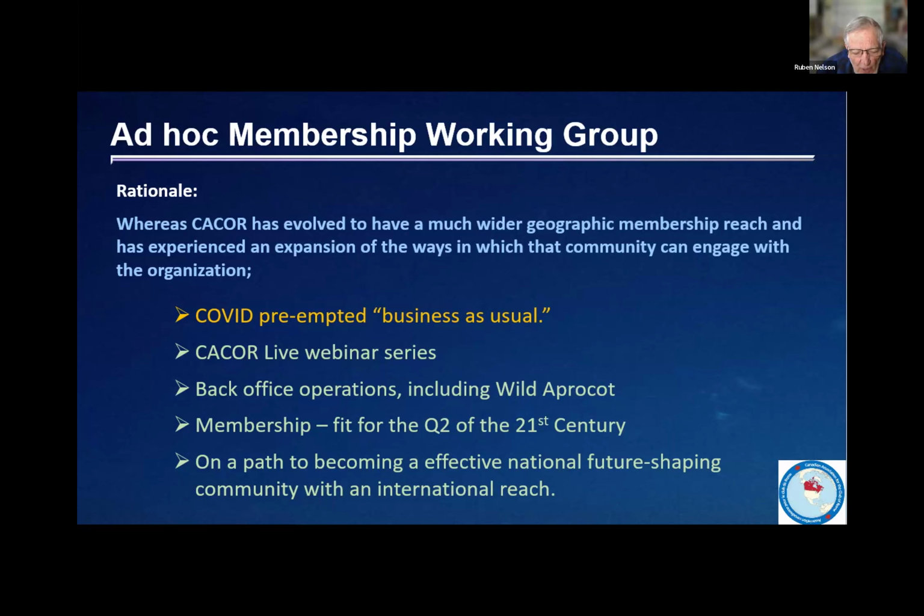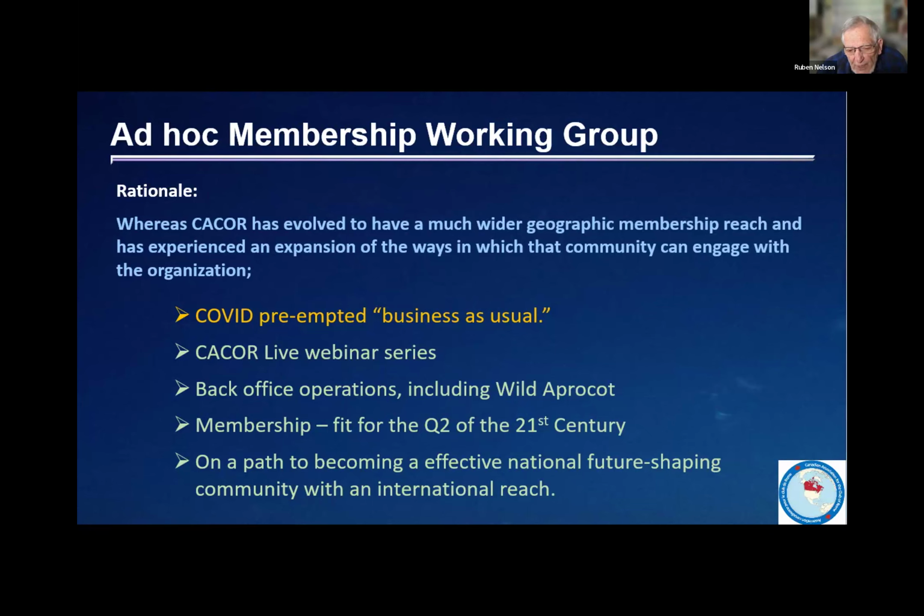Although we're now raising the question as to whether more meetings in Ottawa would actually enliven Cacor, and I would encourage that. And the bits in green are the responses that were made by various people within Cacor, but primarily Jean and Dave and Art, who drove changes in our back office, who created the new webinar series, and who realized that we needed a style of membership that was fit for the second quarter of the 21st century.